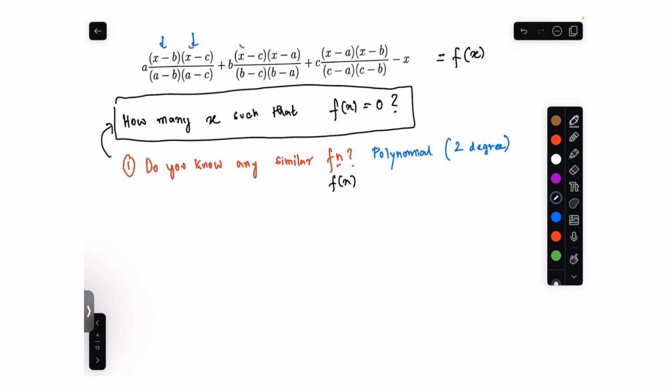If you found something, you're going in the right direction. That means you know the number of roots is less than or equal to 2.